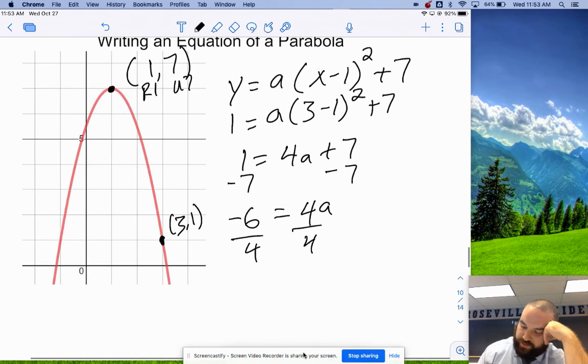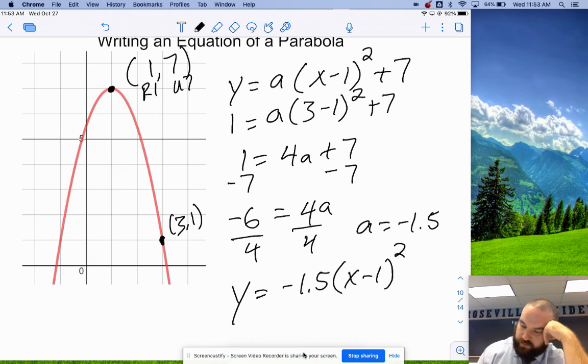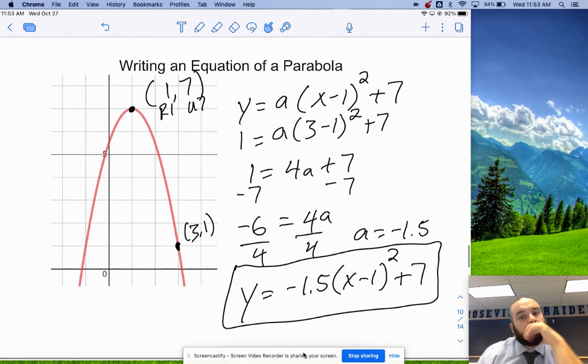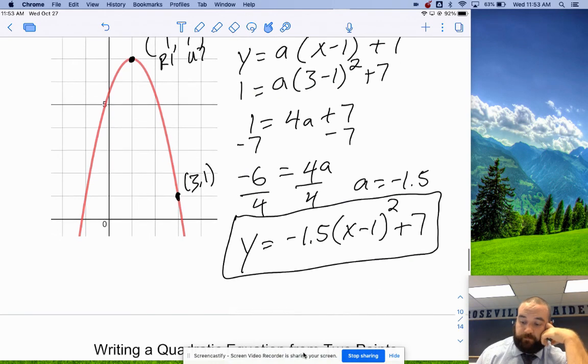My a value is actually going to be negative 1.5 or negative 3/2. So you get y equals negative 1.5 times x minus 1 squared and then plus 7. That is the equation of the parabola there. My bad. Well, we figured out the mistake, which is good.